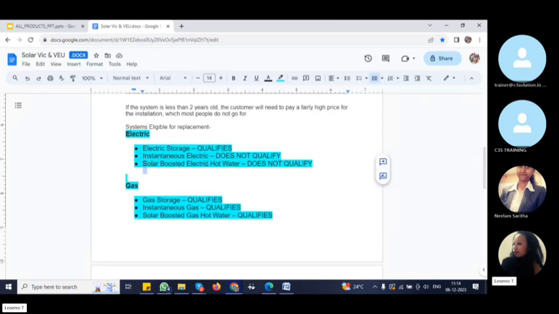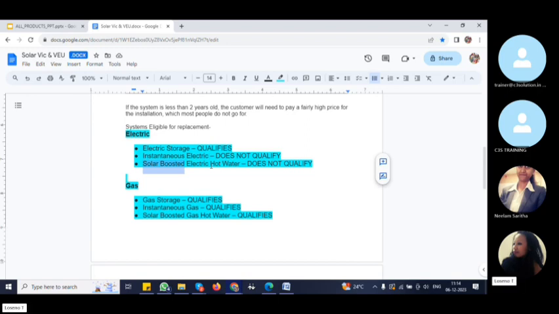If the system is electric, but they still have a solar booster attached to their electric hot water tank, you can suggest the customer remove or detach the booster, if it's possible for them, so that they can qualify for the upgrade.